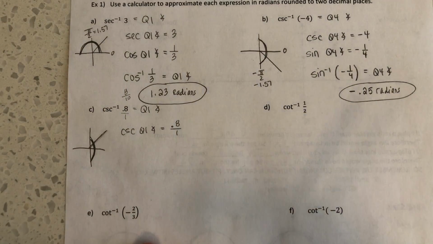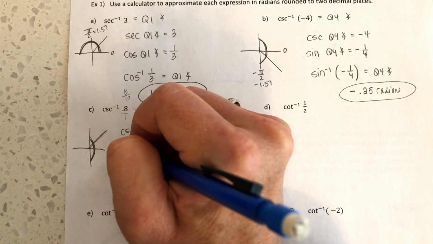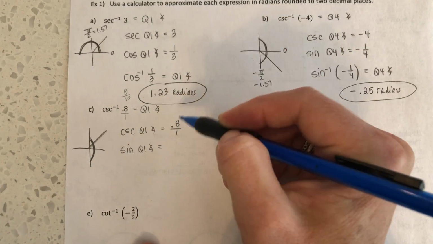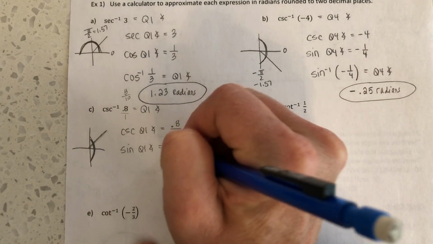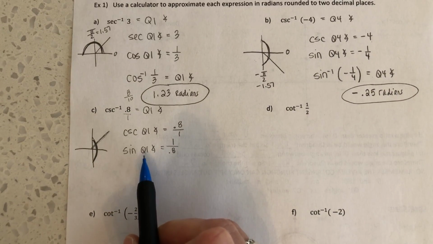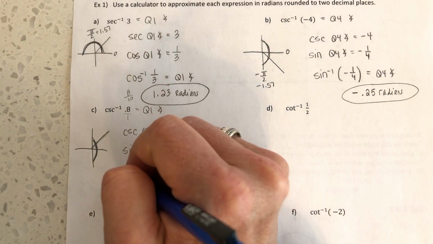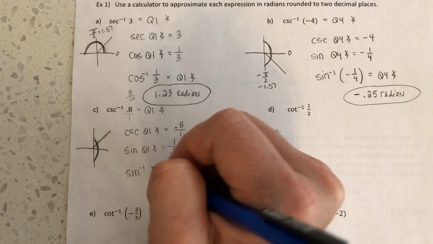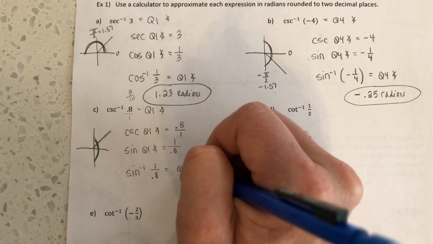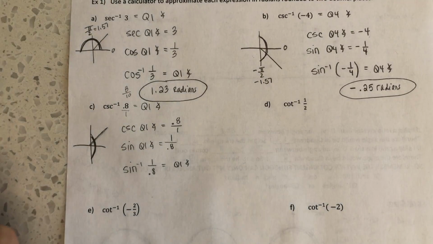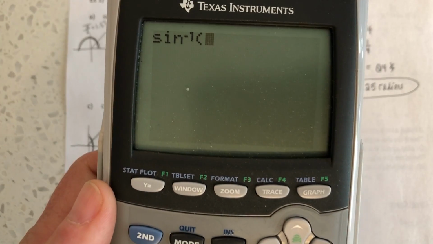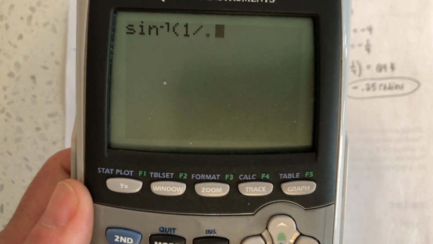Well then, if we turn this into a sine problem, then the sine of that quadrant 1 angle would equal a ratio that is its reciprocal, 1/0.8. So then to find out what angle this is, all I have to do is take the inverse sine of that ratio. The inverse sine of 1 divided by 0.8 will get me that quadrant 1 angle, right? It should. There is a problem, but I'm just going to keep going. The inverse sine of 1 divided by 0.8.